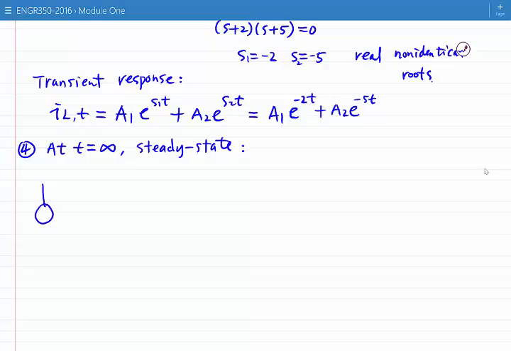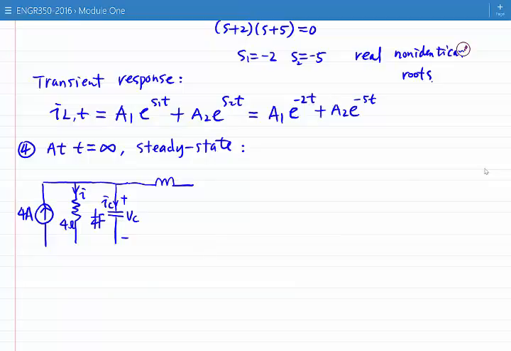So I have a 4 amp current source, and I have a resistor here, 4 ohm. This is the current I flowing through the resistor, and I have a capacitor here, 1/4 farad, and the voltage is VC. The current flowing through the capacitor is IC, and I have an inductor.